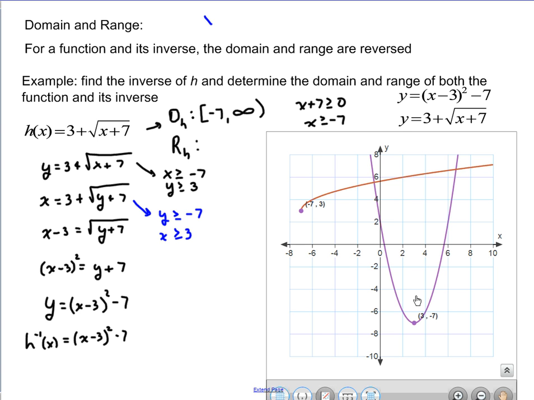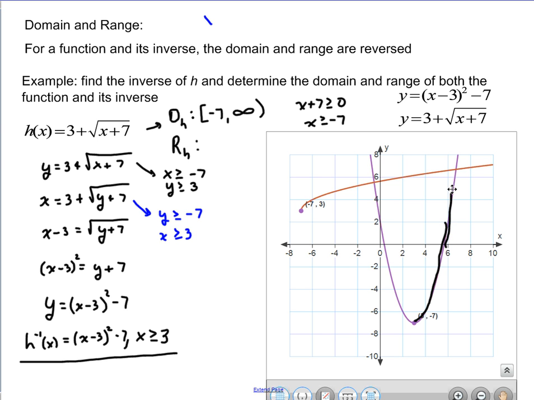So what we would do is purposely state that in our inverse function, h inverse of x equals x minus 3 squared minus 7 as long as x is greater than or equal to 3. And so what we're doing is limiting this function to being one-to-one by just choosing this portion of the function right here to plot.